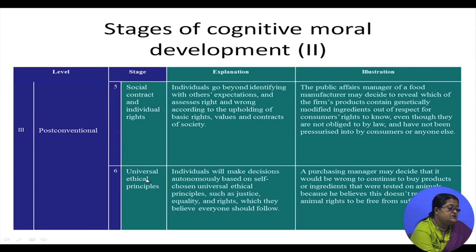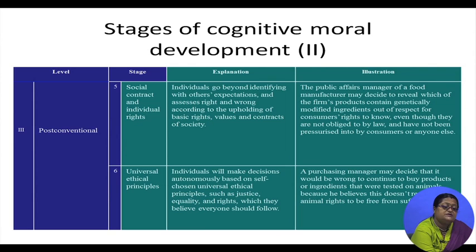Post conventional is universal ethical principles, where individuals make decisions based on self chosen ethical principles such as justice, equality and rights, which they believe everyone should follow. This is where virtue ethics again comes into play: I believe in some universal principles and I feel everybody should be following them.